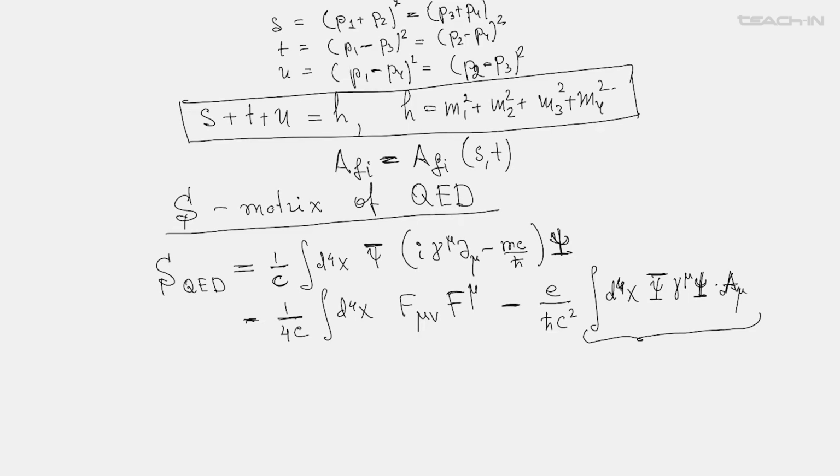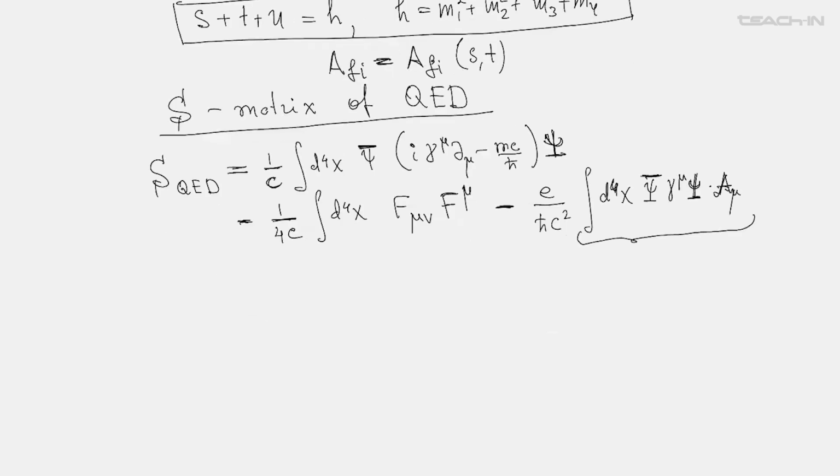And very often it is convenient, starting from this section, to make the following rescalings of the fields. So psi is rescaled by psi divided by the square root of h bar c, and the electromagnetic potential A mu is rescaled by A mu divided also by the square root of h bar c. The square root of h bar c has the dimension of electric charge.